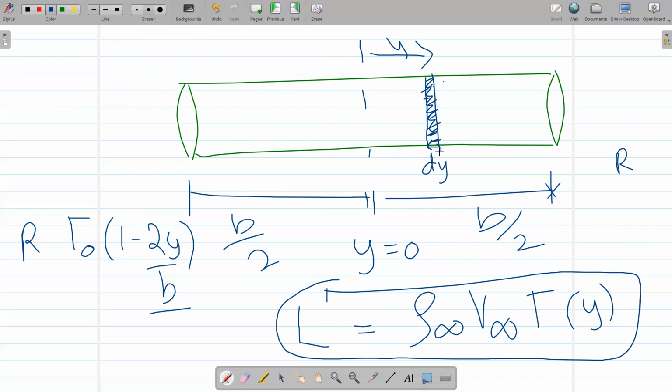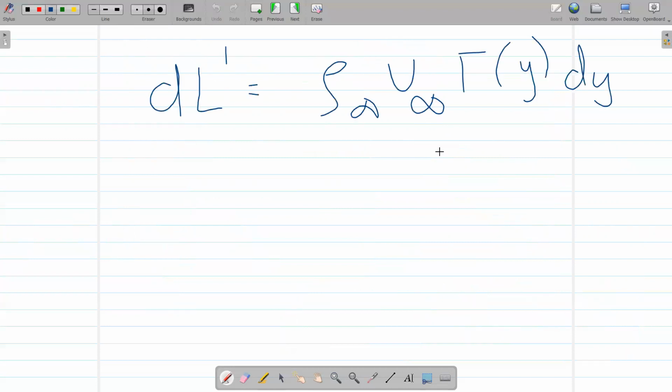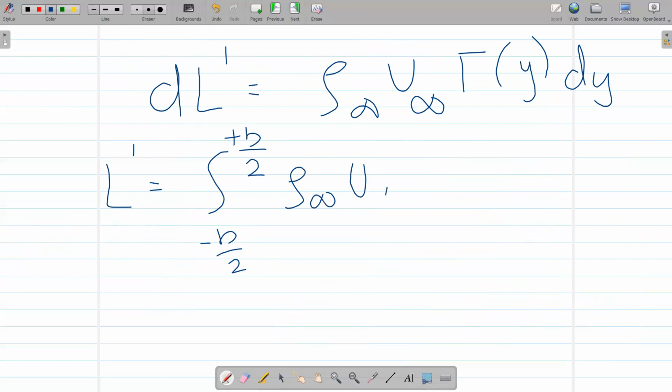So now to find the total lift over my entire wing, I would have to integrate this from minus b by 2 to plus b by 2 of rho infinity u infinity gamma of y dy.